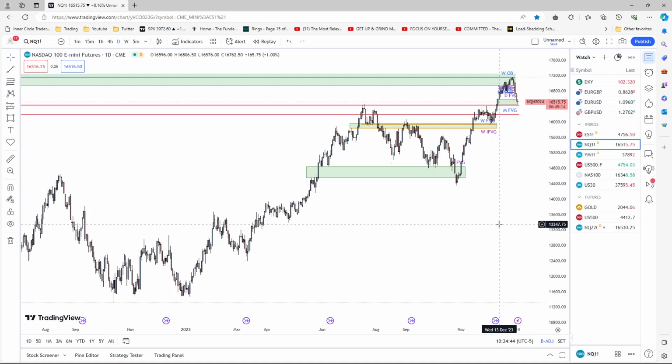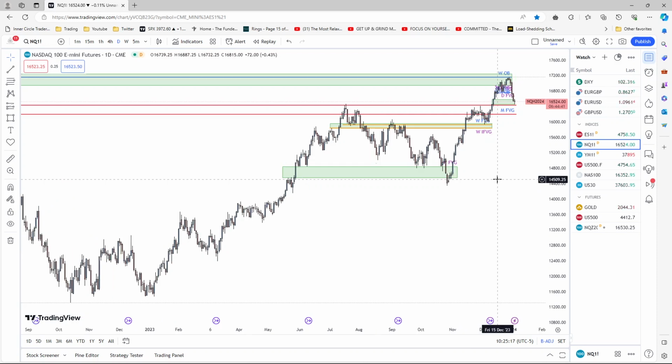If price traded from internal range liquidity to external range liquidity, then you expect price to then give you a possible retracement from external range liquidity back to internal range liquidity, and then price could either completely reverse or price could continue its bullish trend, and we could go back from internal range liquidity to external range liquidity.